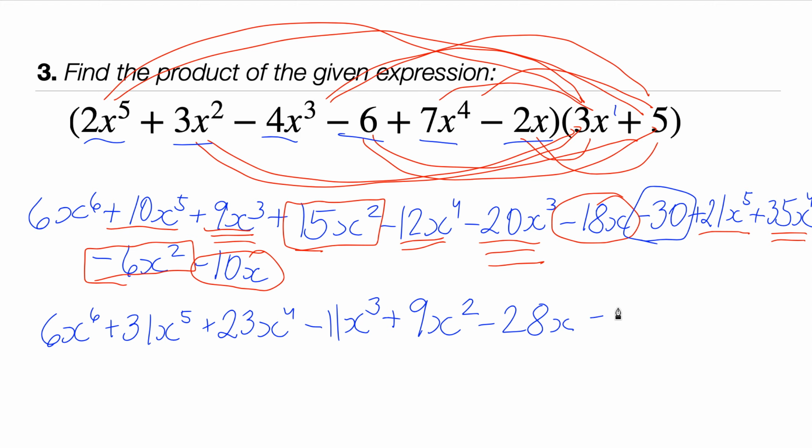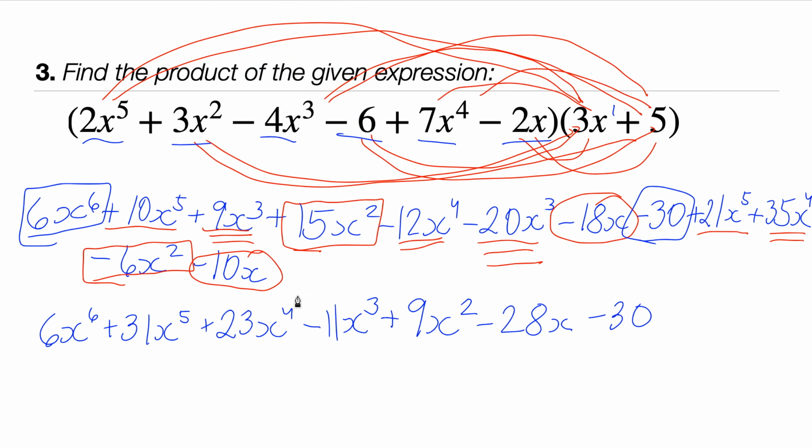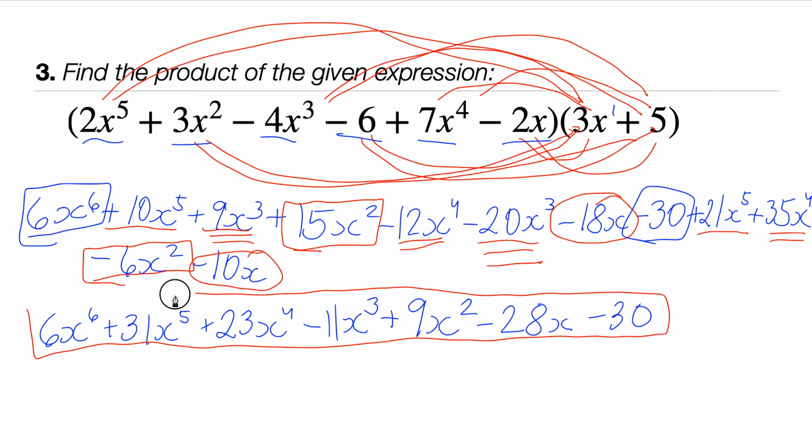We have minus 30, so copy the minus 30. Likewise, the 6x to the 6 has no common like term. And that is our final answer for this number 3. This is the multiplication.